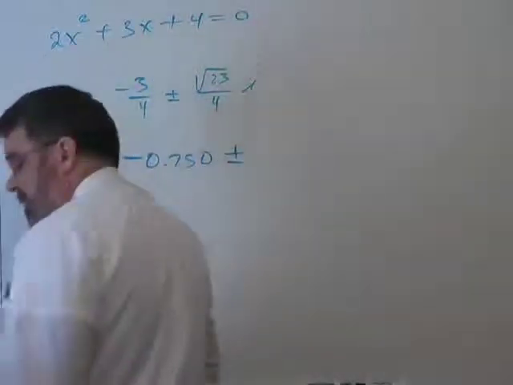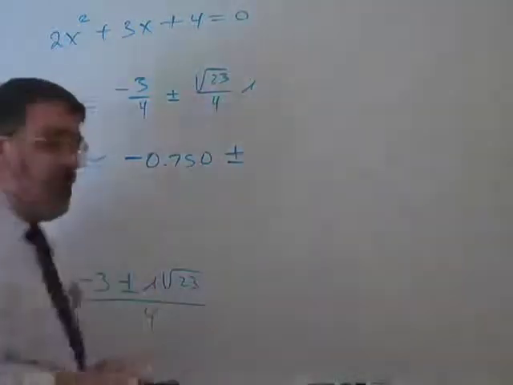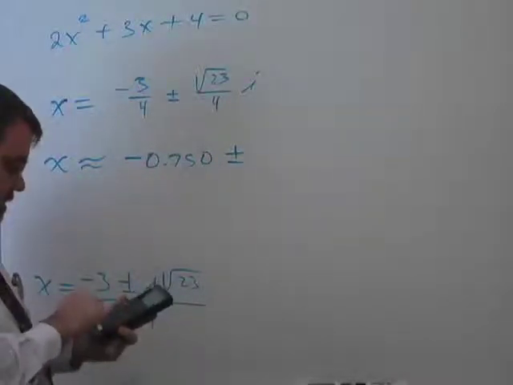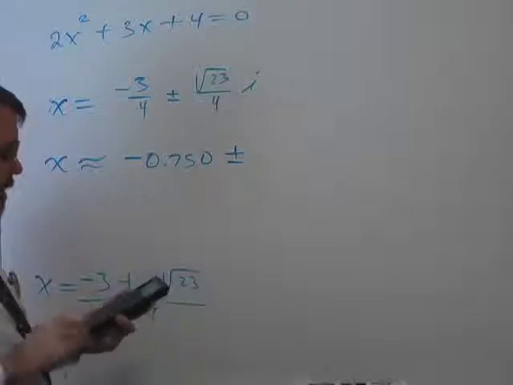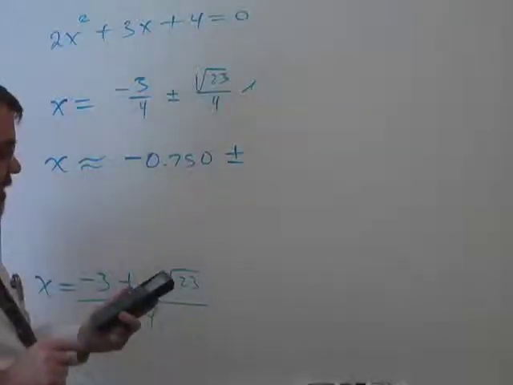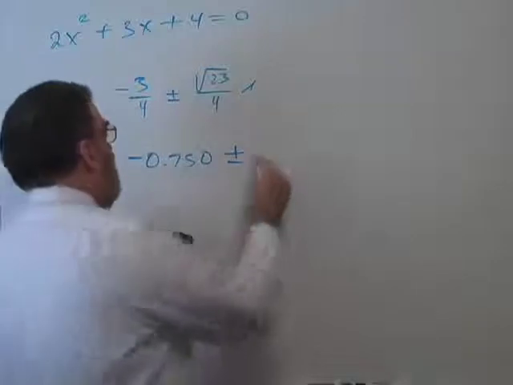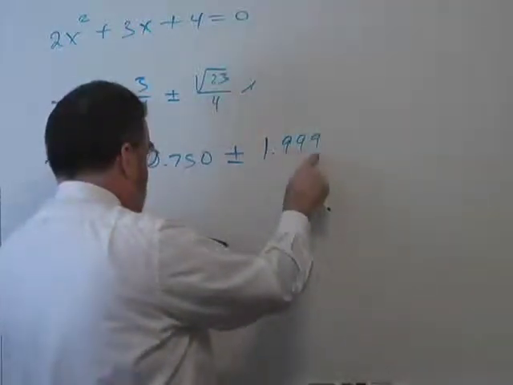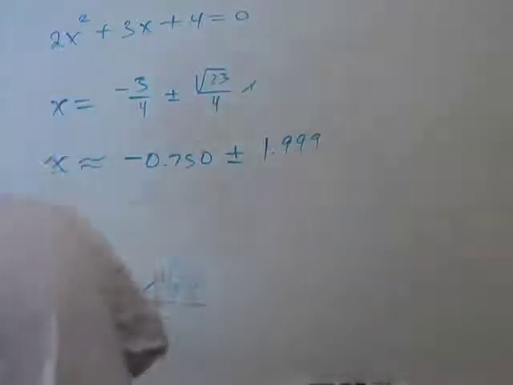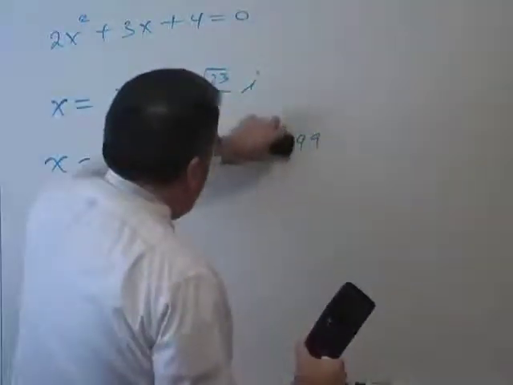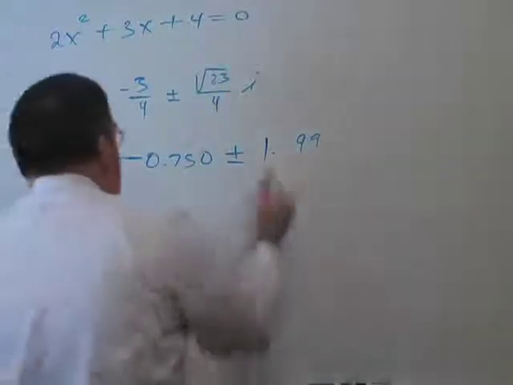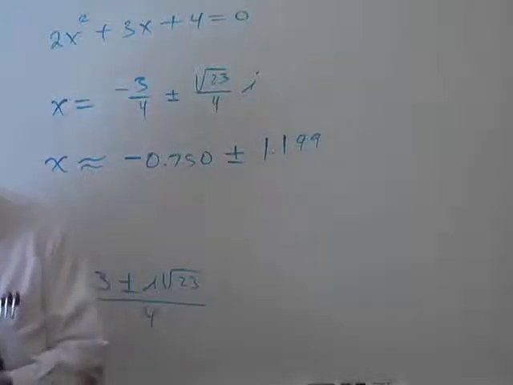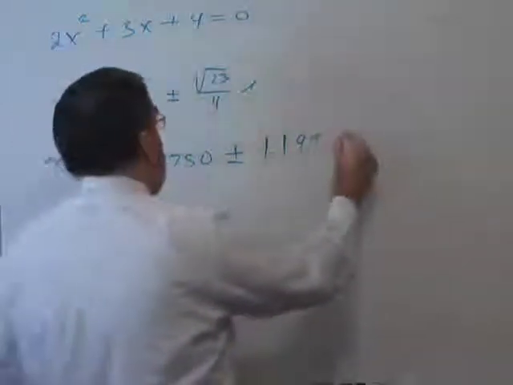Plus or minus, and now let's calculate the square root of 23 over 4. I get, let's see, it rounds off to 1.199. So this one actually rounded up in the last decimal place. Times i, the letter i.